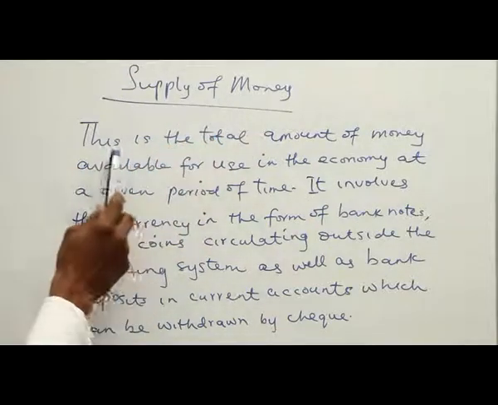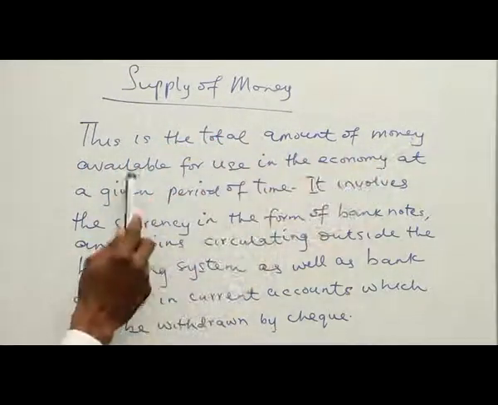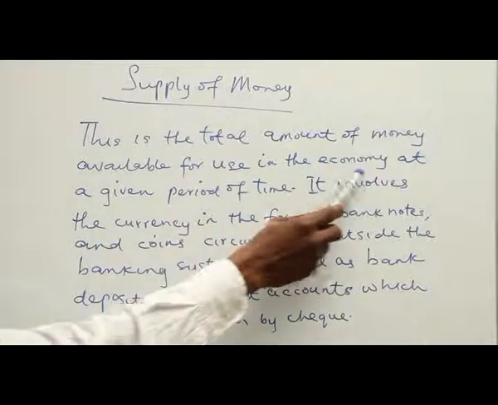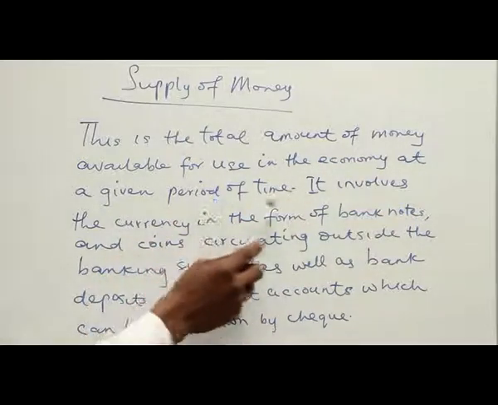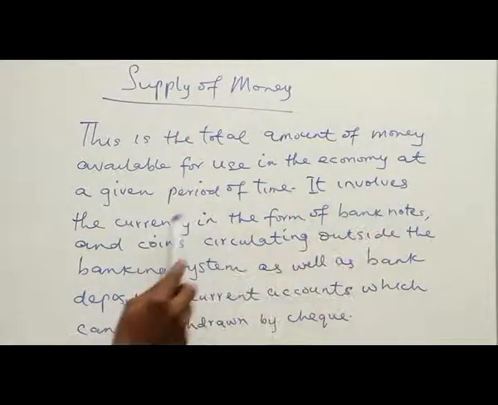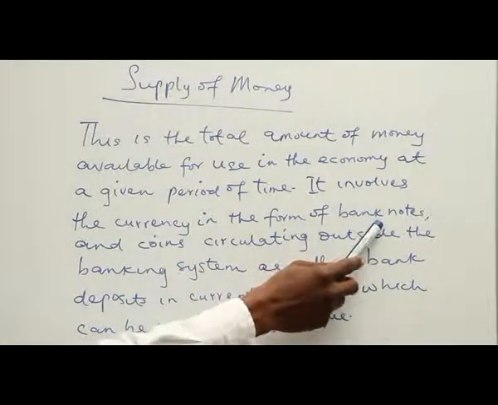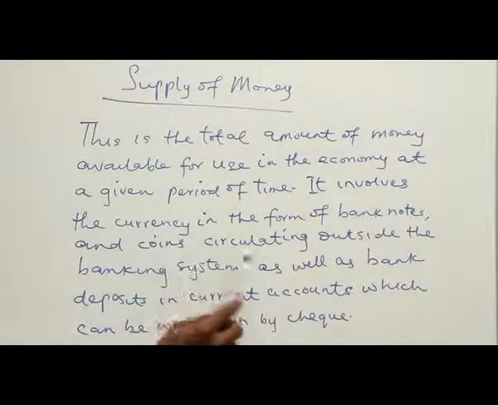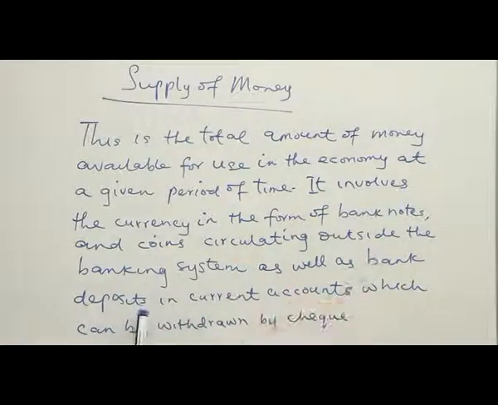Supply of money. This is the total amount of money available in the economy at a given period of time. It involves the currency in the form of banknotes and coins circulating outside the banking system, as well as bank deposits in current account, which can be withdrawn by check.